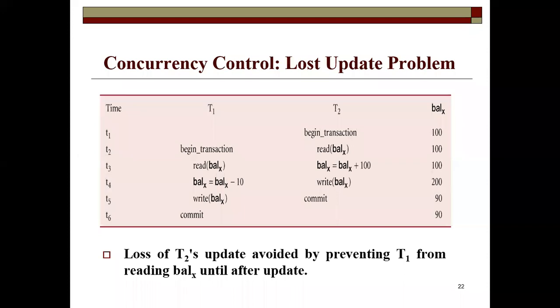We need to ensure that an update has been performed before we actually read. So I hope the lost update is clear. Is it clear for us before we move to the next one? Type 1, if it is clear.